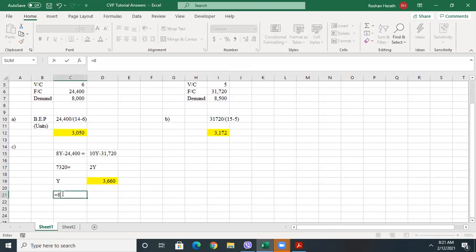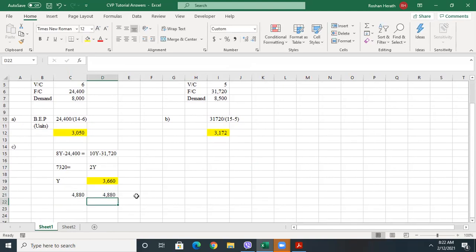Here you can take 8 into 3,660 minus 24,400, just to try that. This is the profit under the old method. If you apply the same number of units to the new method, you must end up with the same. Yes, that's it. So we can accept that the answer we got is correct.